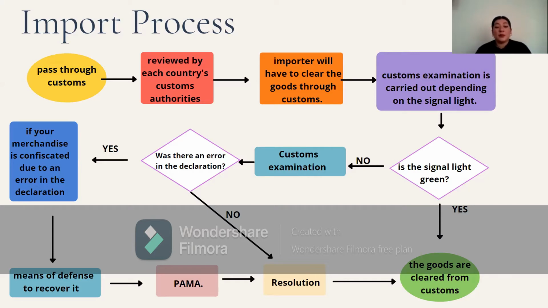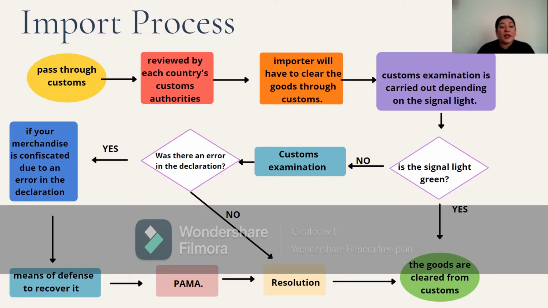Okay, during the customs examination, was there an error in the declaration? If the answer is no, then we will pass all the way to the resolution, and then the goods are going to be cleared. But if the answer is yes, our merchandise will most likely be confiscated due to the error in the declaration. After that, we will need to present means of defense to recover our merchandise.